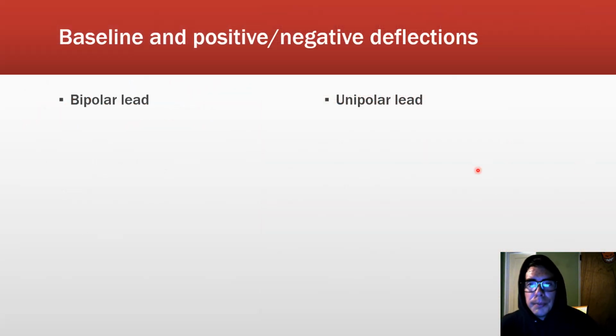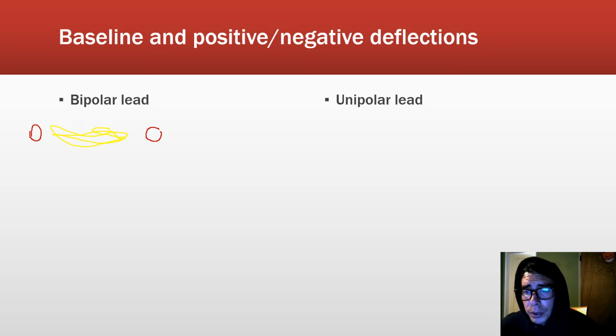So there's two types of leads or electrodes. There's bipolar and unipolar. So 4 leads or 3 leads, the limb leads, those are bipolar, and that's because we have an electrode here, we have an electrode here, and it's monitoring the direction of electrical flow between them, in this space right here.